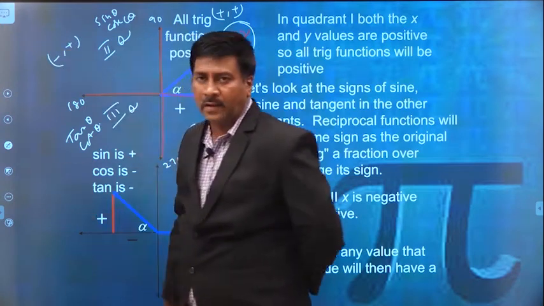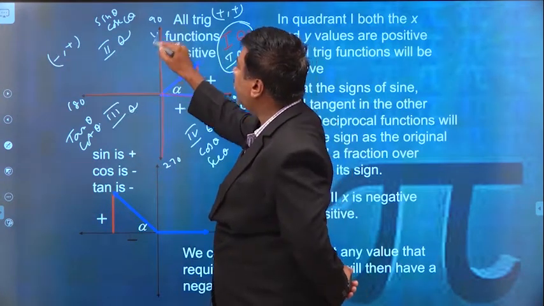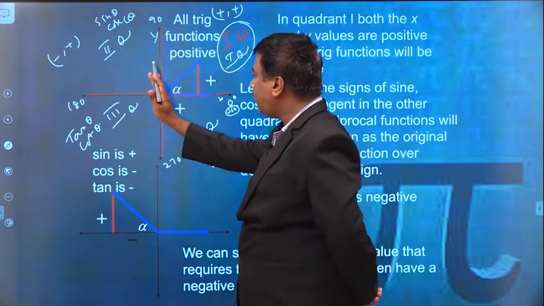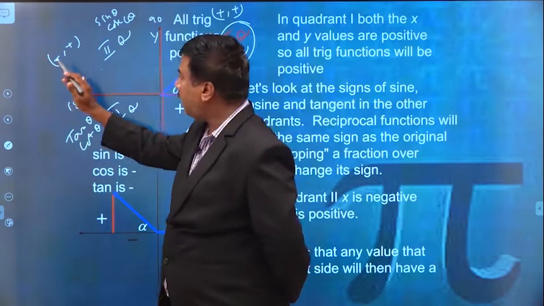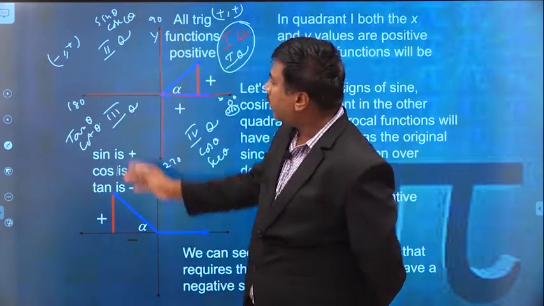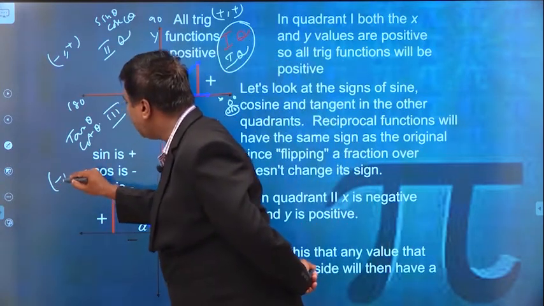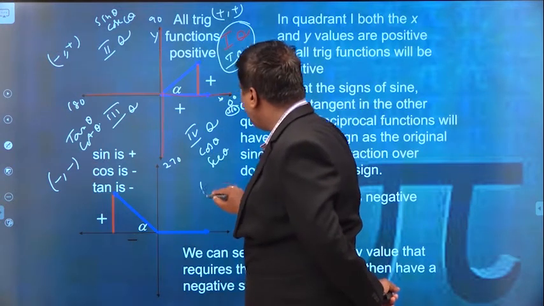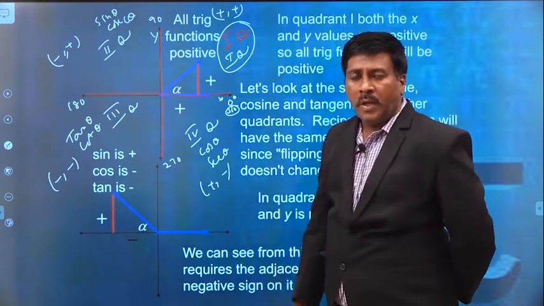That means these are the x values, because this is the x axis and this is the y axis. This is the positive side of the x axis and the negative side of the x axis. Therefore, in one quadrant the x coordinate value is negative and the y coordinate value is positive. Similarly, this is minus, minus and this is plus, minus. Please observe this.